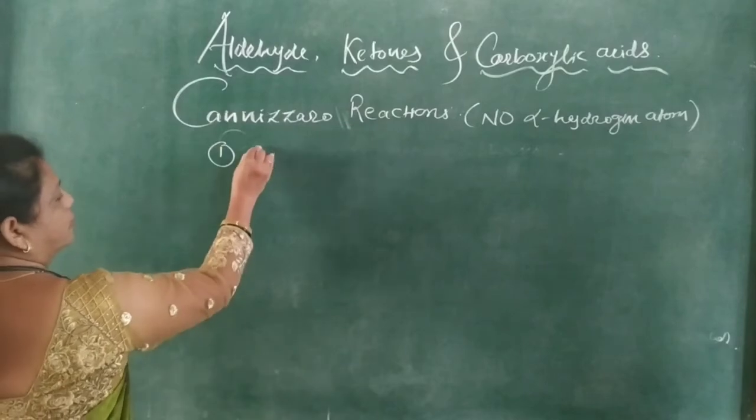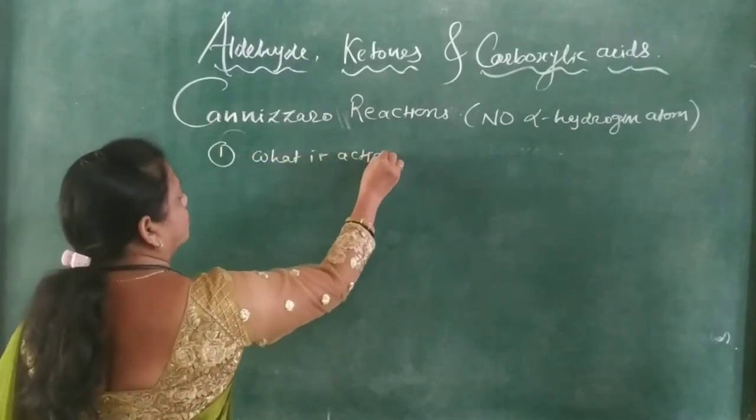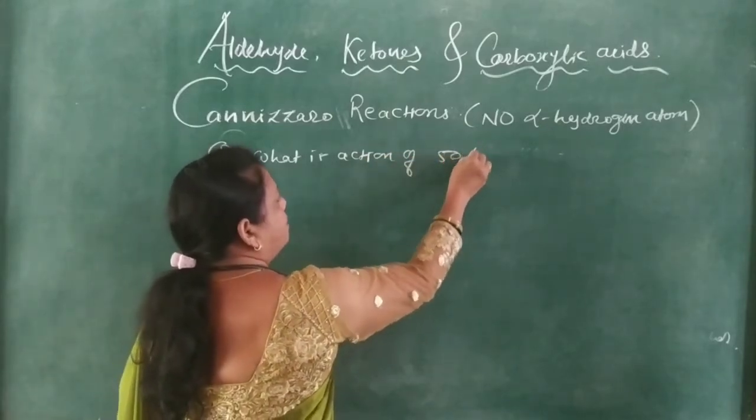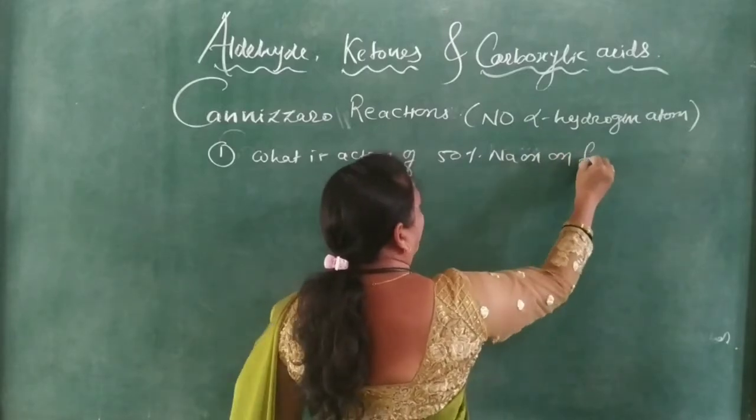First, what is the action of 50% NaOH on formaldehyde?